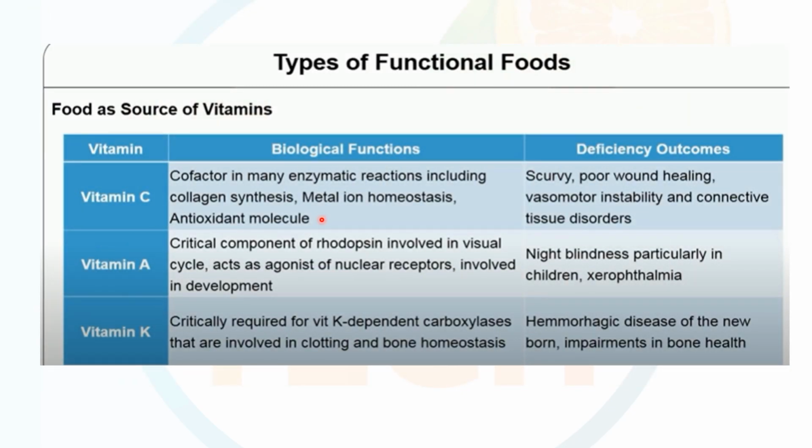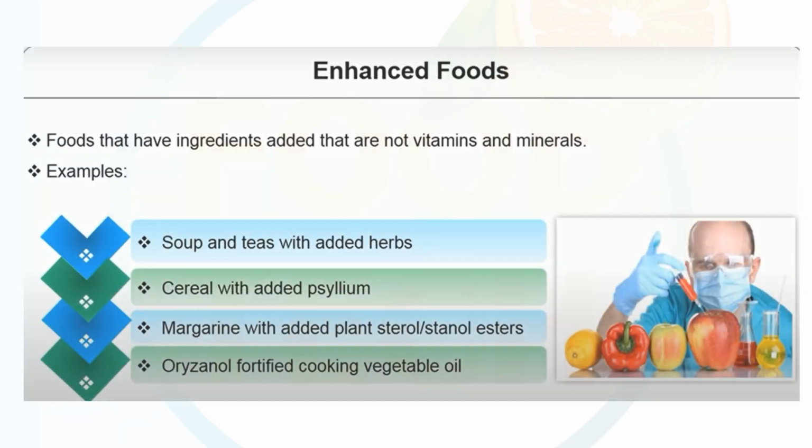Types of functional food which are biological and deficiency, like vitamin C, it can help to fight scurvy. A can reduce night blindness, and K can reduce the hemorrhagic diseases. So these are the examples of that.